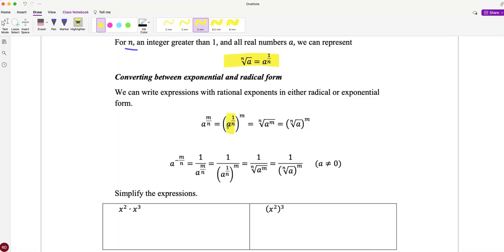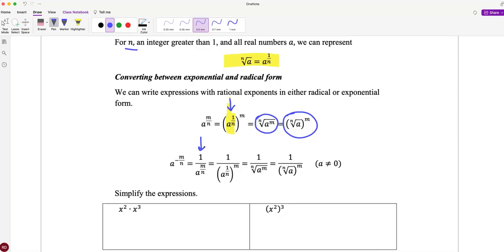This term right here, this is the nth root of a, raised to the m power. You can write it this way, or you can write it with the a to the m under the root, either way. A to the negative m over n, that's just 1 over a to the m over n, which is 1 over the nth root of a to the m.